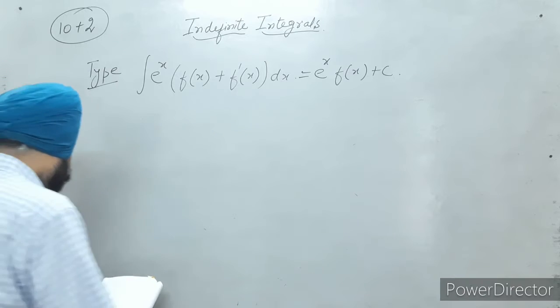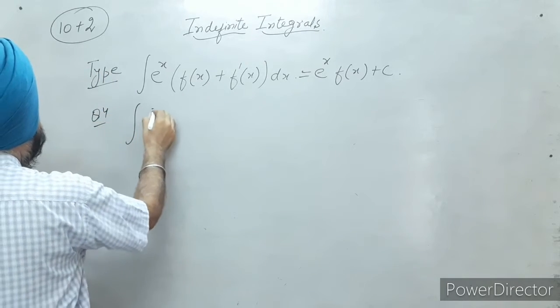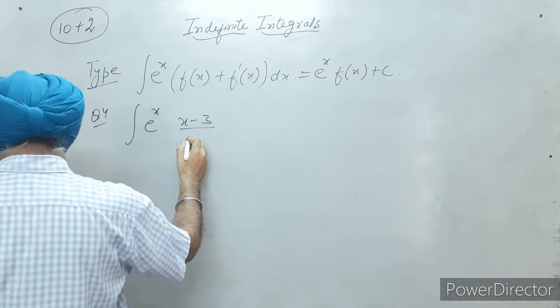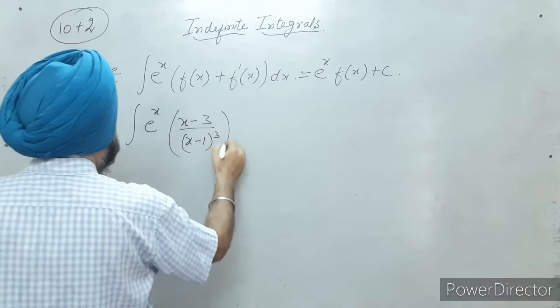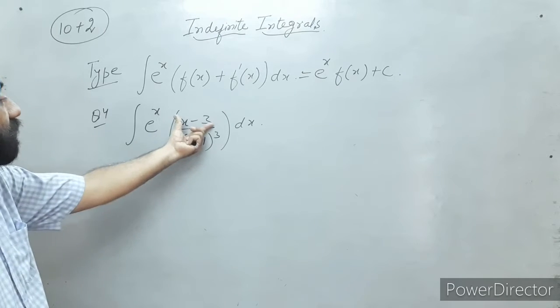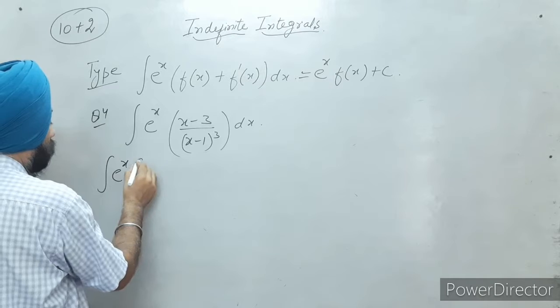Now, question is the integral of e^x (x minus 3) upon (x minus 1) whole cube dx, right? Now, I can modify this like this. It's e^x.